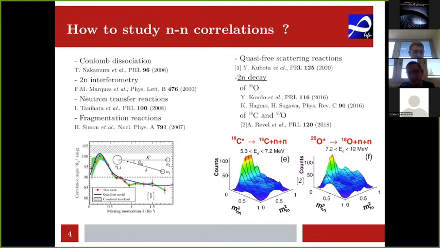But the method that will interest us today is the study of two-neutron decay of these nuclei that has been performed before on other neutron-rich nuclei, such as oxygen-26, carbon-18, and oxygen-20.